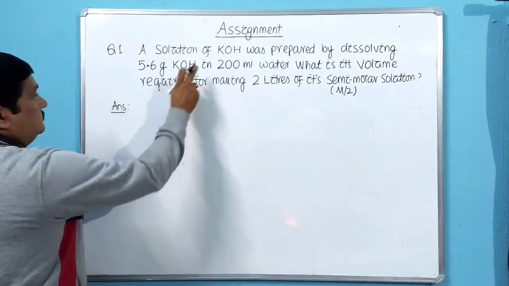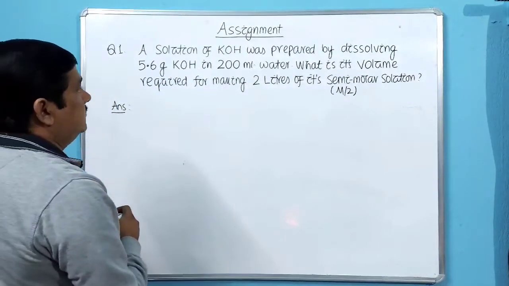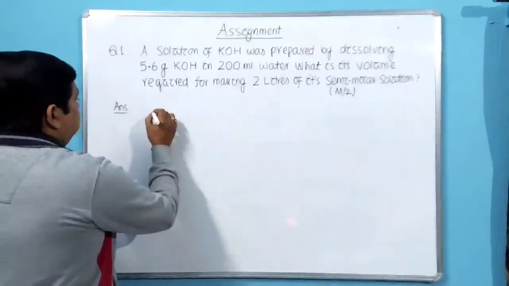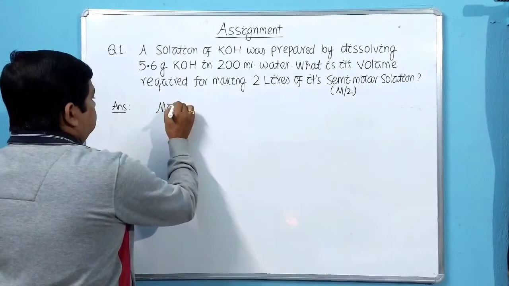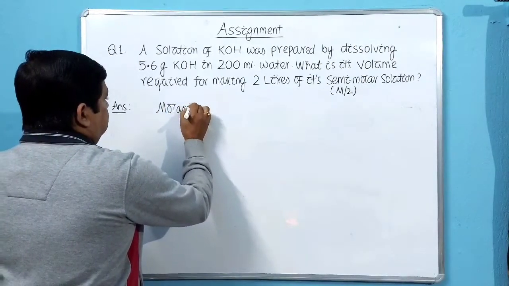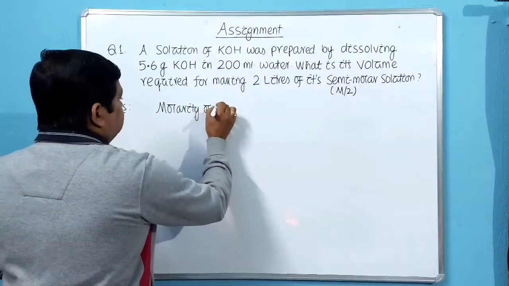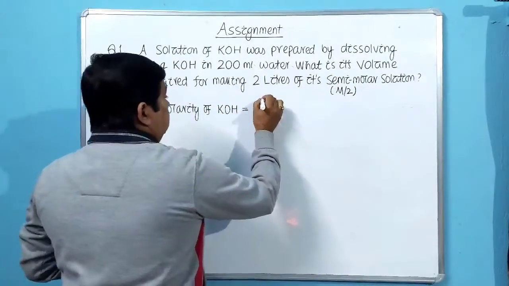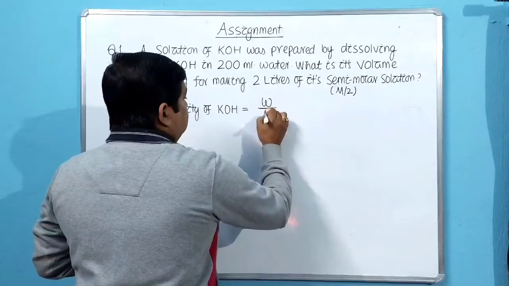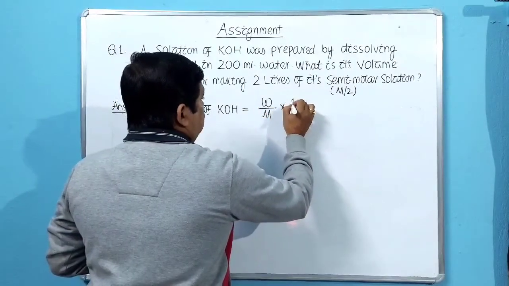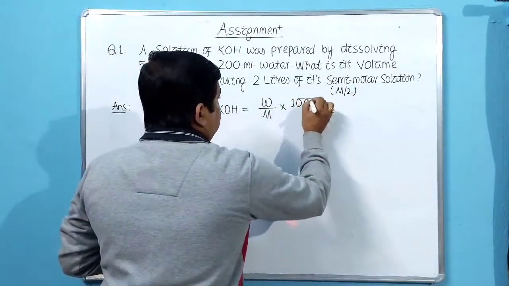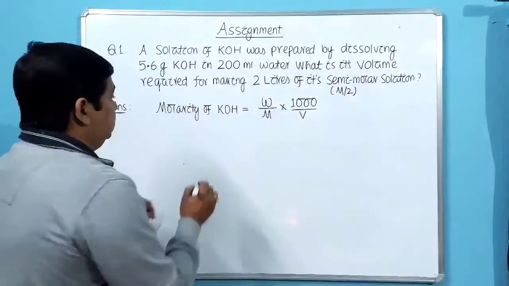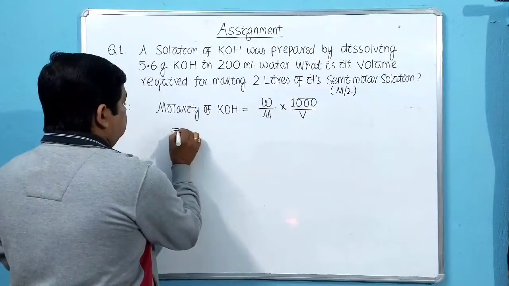First of all, we have to find out the molarity of the potassium hydroxide. Molarity of KOH is equal to, the formula is W by M into 1000 by V. The given mass is 5.6 gram.